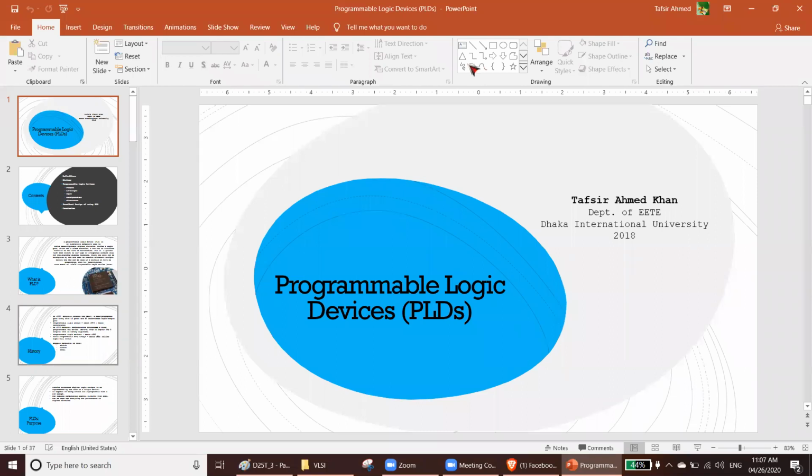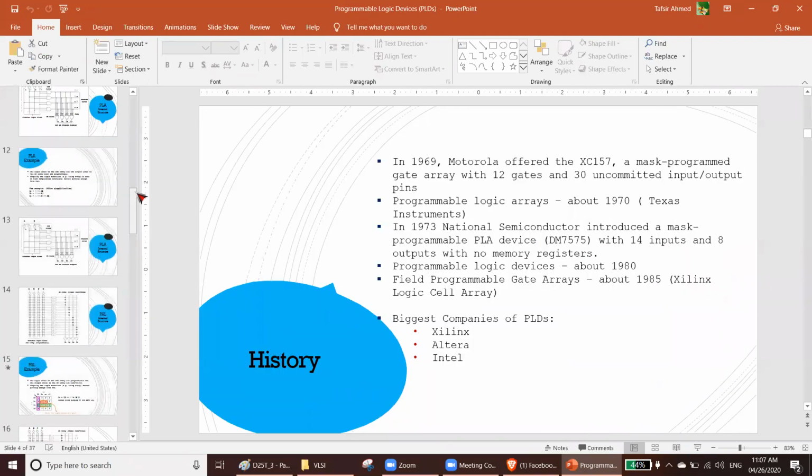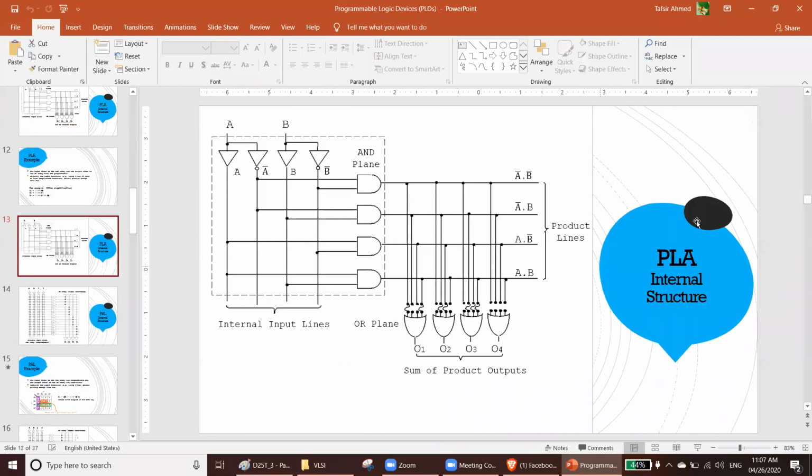Okay, I'm sharing my screen. See this one. We have already started these, right? We started these. We went this far, I believe.